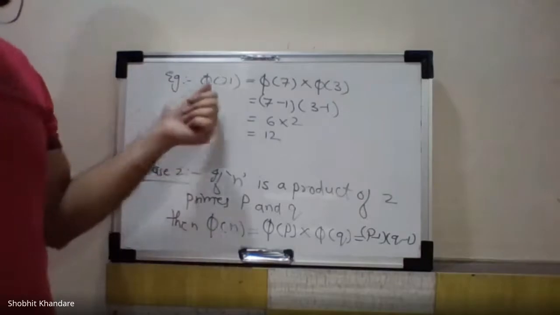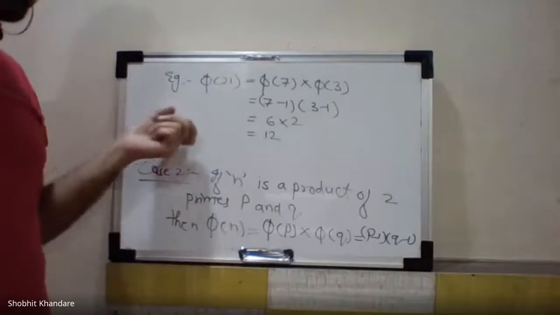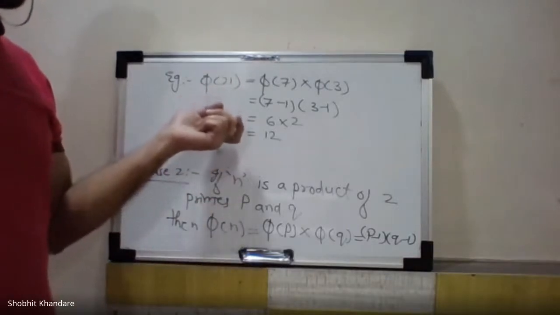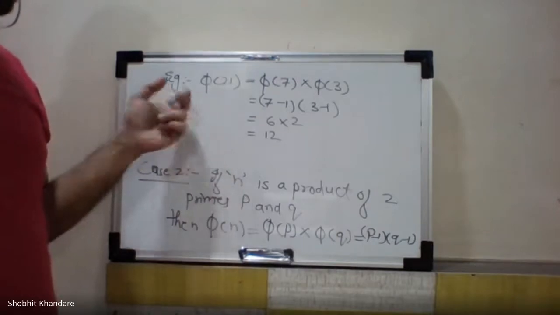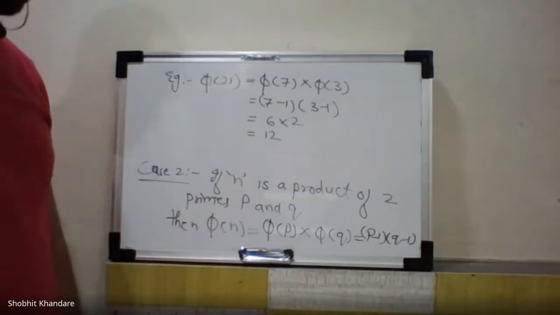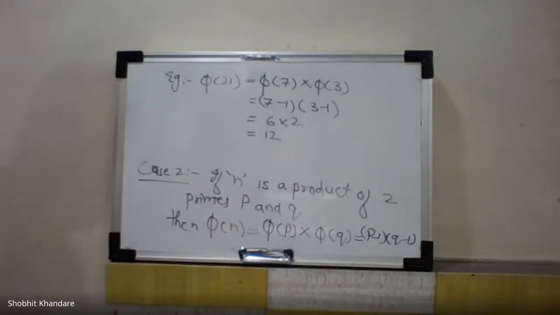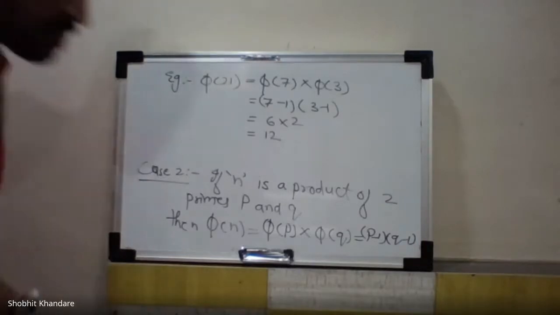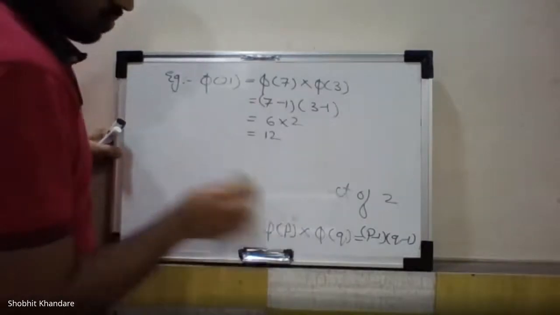So cross the multiples of 7, cross the multiples of 3, and the total relatively prime numbers we get, you will have to count, and you will see that it comes to 12. So this is case number 2.